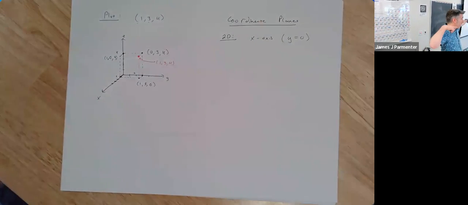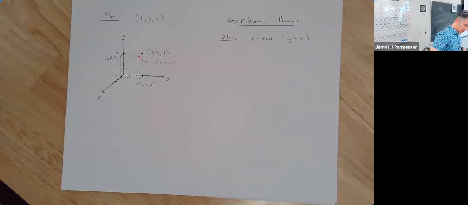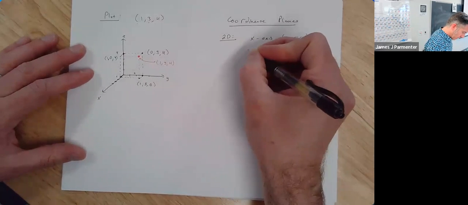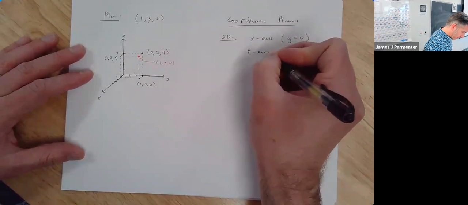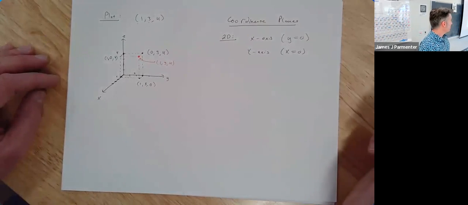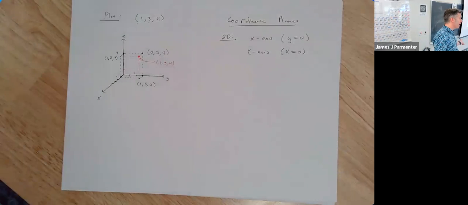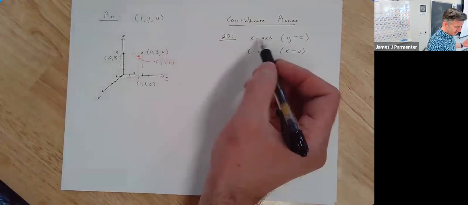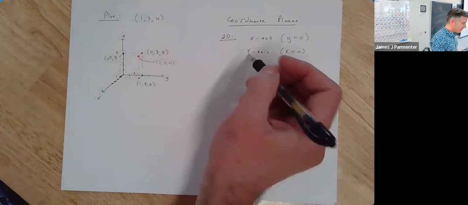The horizontal line, y equal to 0, is your x-axis. And similarly, the y-axis is when x is equal to 0. It's also how you find your x-intercept and your y-intercept. Find your x-intercept by setting y equal to 0. Find your y-intercept by setting x equal to 0.